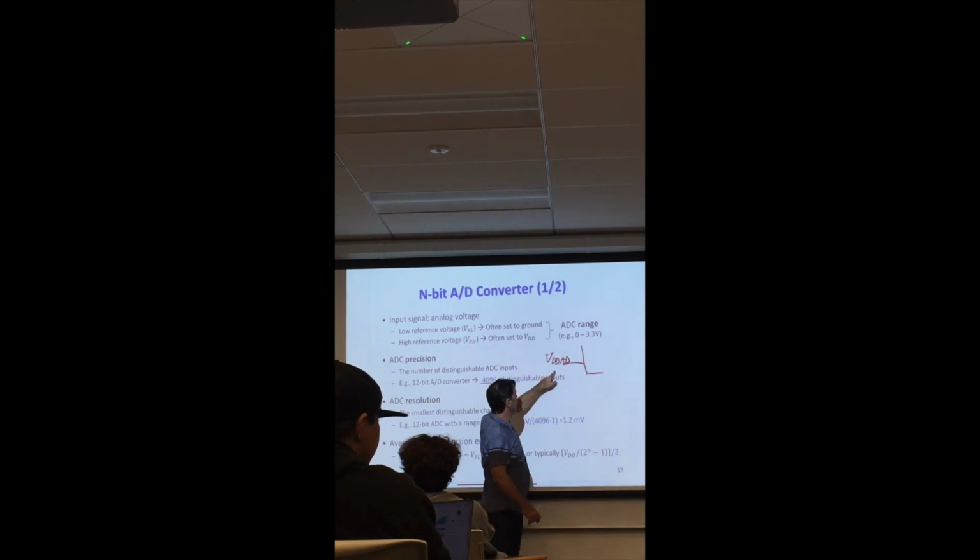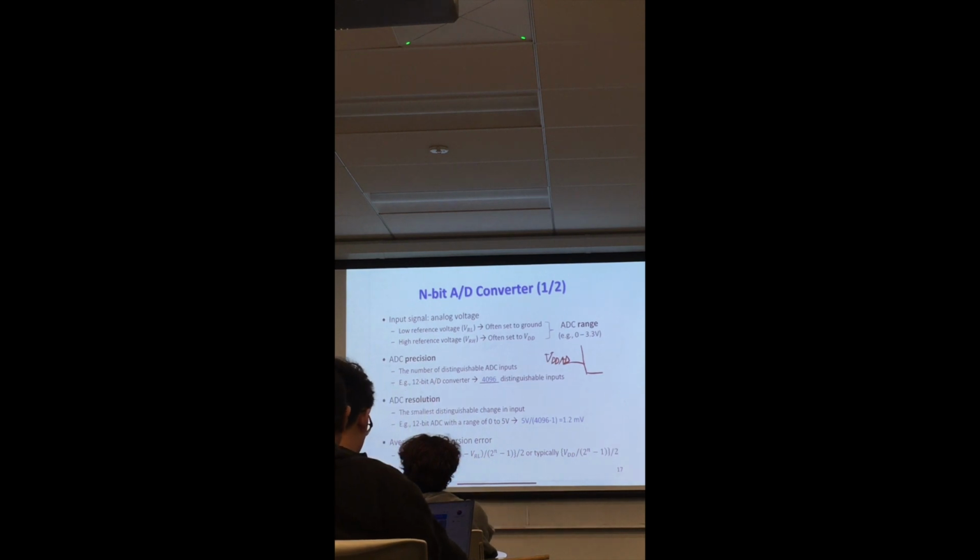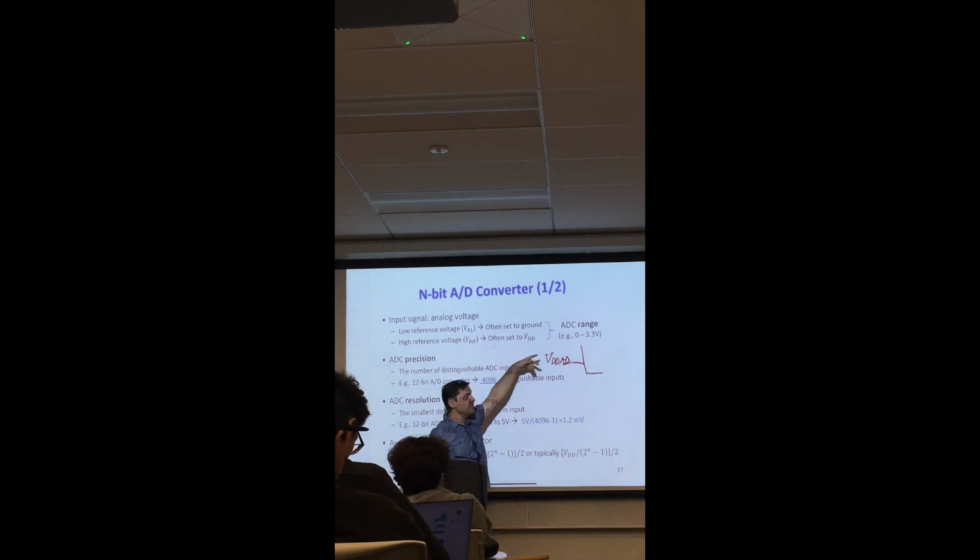And there will be VSSA, which will establish the lower range of the voltage that it will be converting. So once you select the pin for analog to digital conversion, you will have to establish the range. If you don't establish these voltages by physically connecting to particular voltages of interest, the default will be that the lower range is 0, upper range is 3.3. But I still suggest that you actually do this.